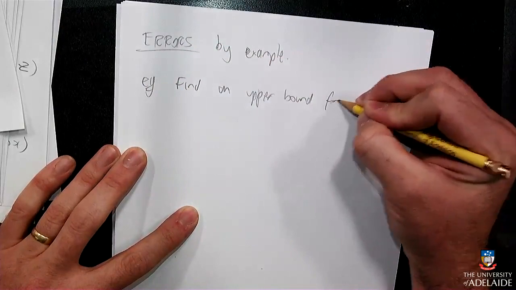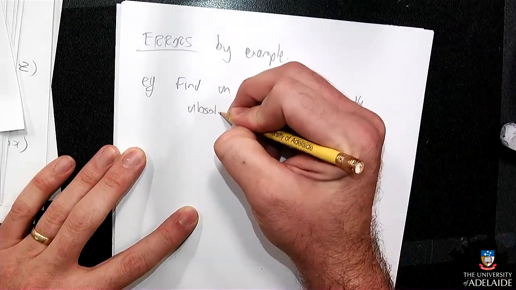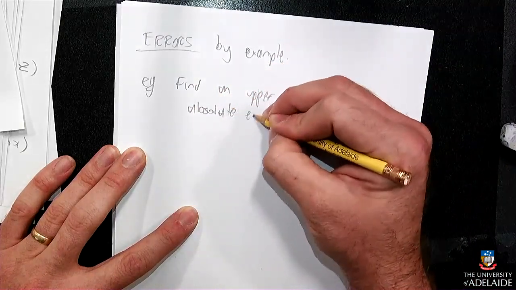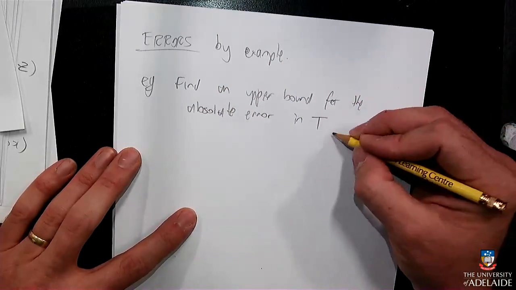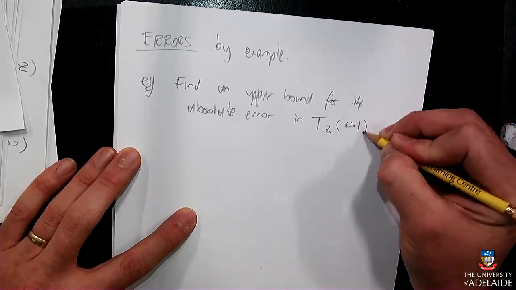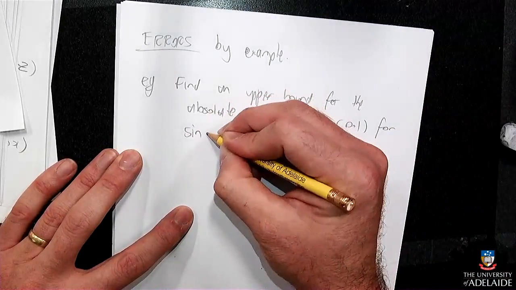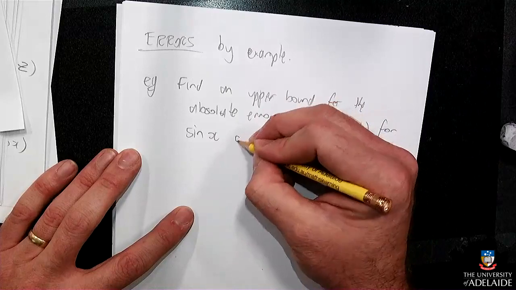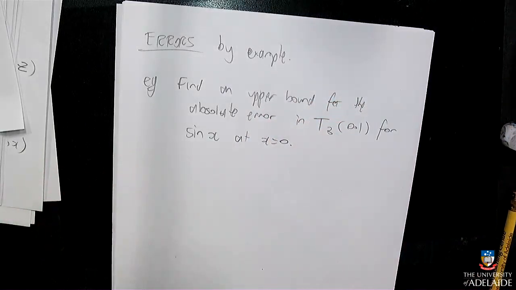Find an upper bound for the absolute error in Taylor polynomial number 3 at 0.1 for sine x at x equals 0. Okay, 3, do I want 3?